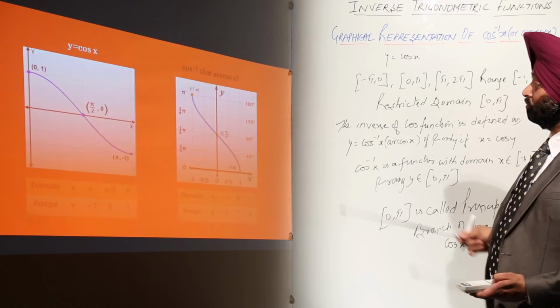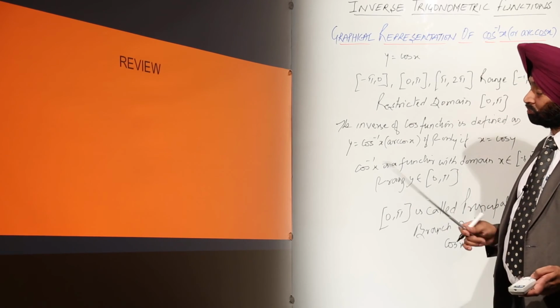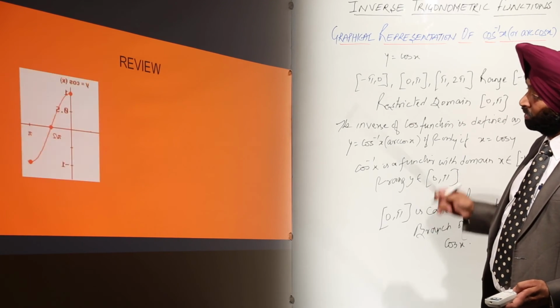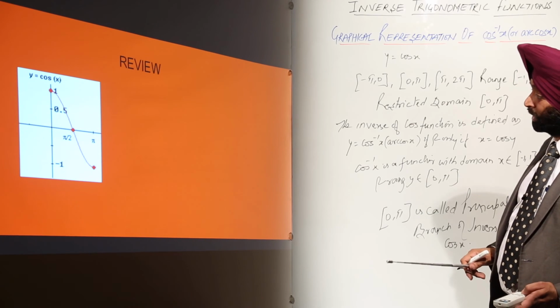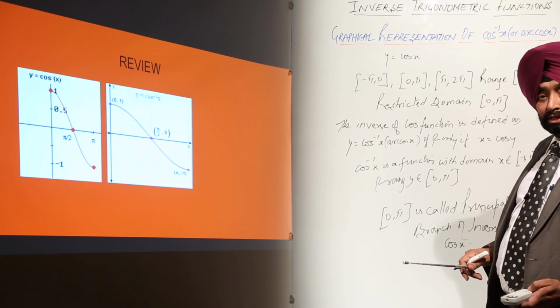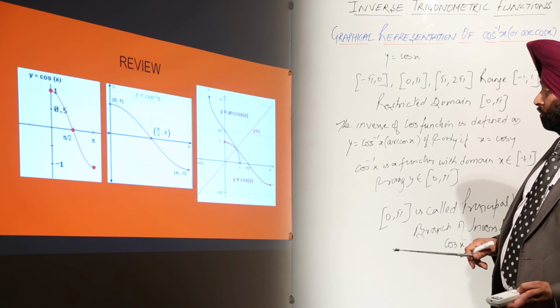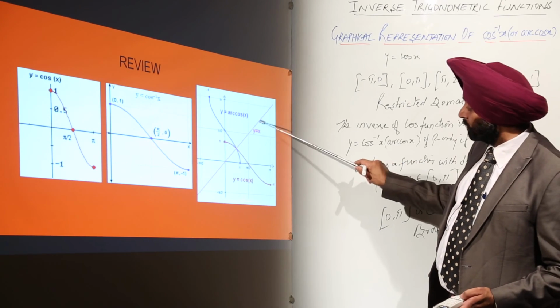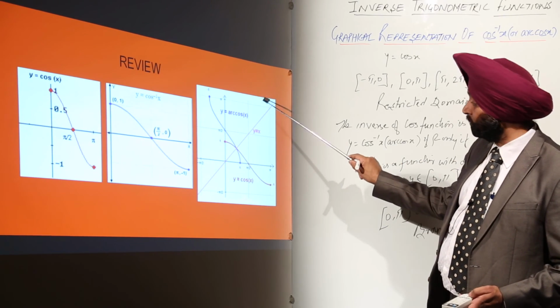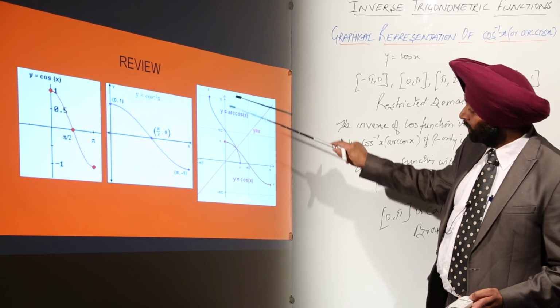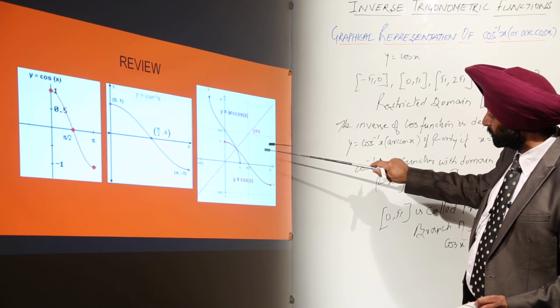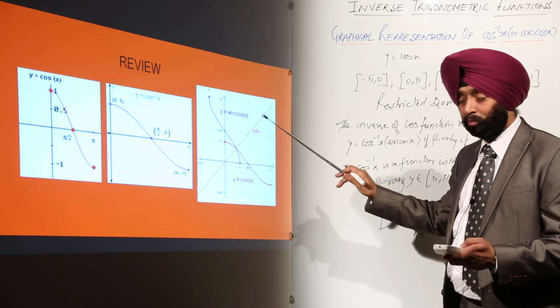Now let's check with a small recap. Now we are having figure number 1 for y is equal to cos x, then we are having y is equal to cos inverse x. Here, taking y is equal to x as a mirror, this axis will go to that side and that one to this side, a mirror image. Okay.